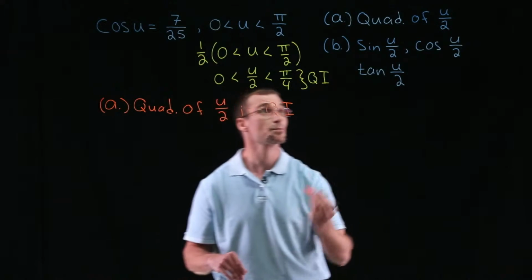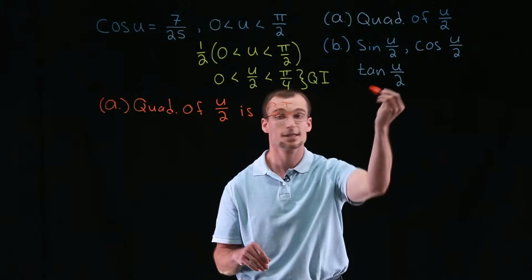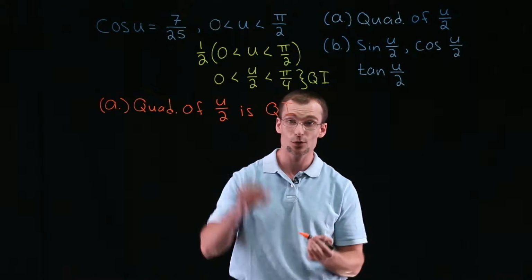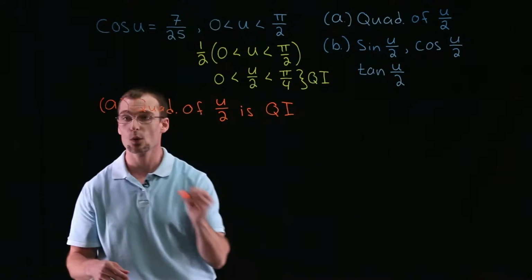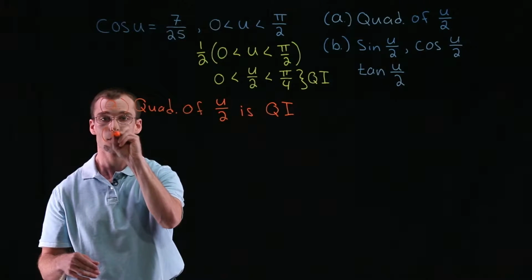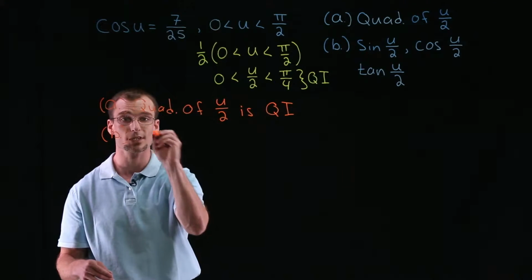Next we want to find the exact values of sine of u over 2, cosine of u over 2, and tangent of u over 2. Now we know where u over 2 sits, but we don't know the exact value. So we're going to use our half angle identities. We'll start with sine.